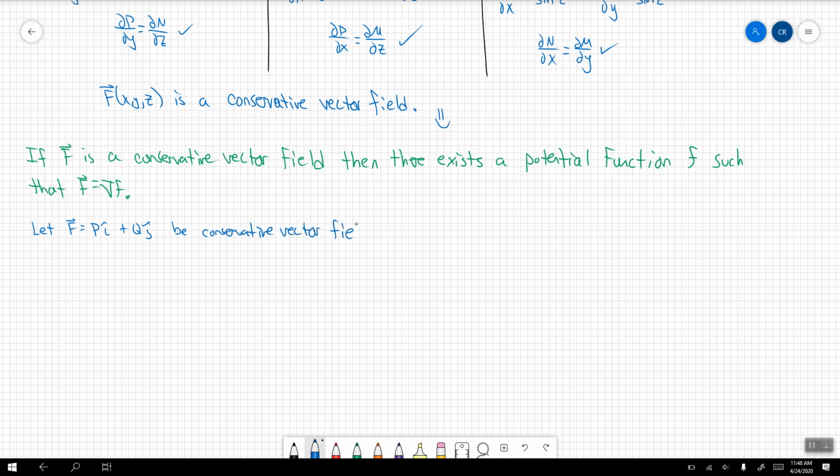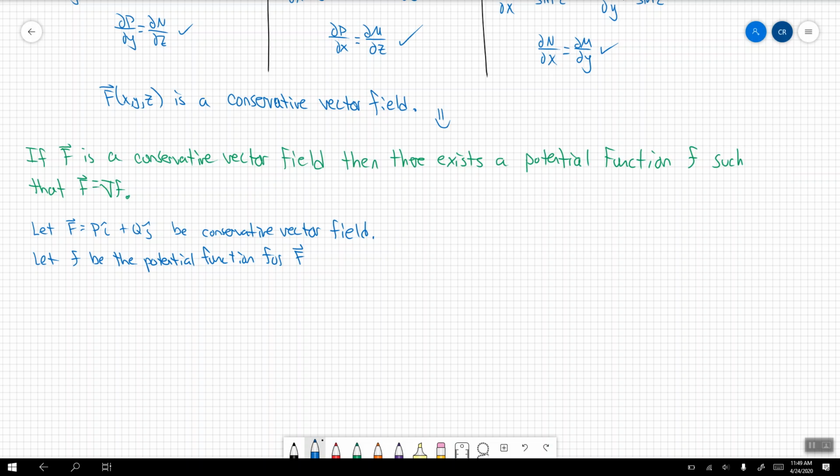Just like such. Nice. Since it's a conservative vector field, we're going to find this potential function. So I'm going to say let f be the potential function for that vector field. We're going to keep that in our back pocket.